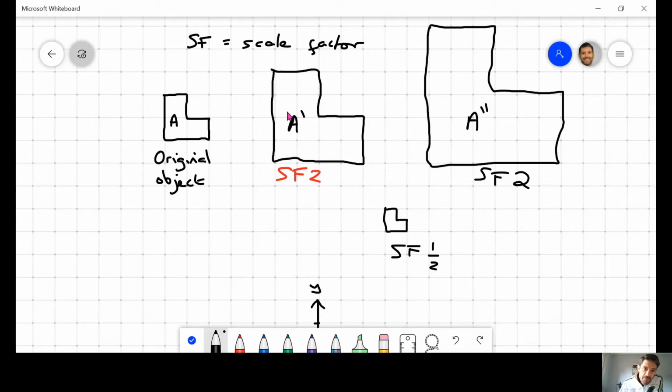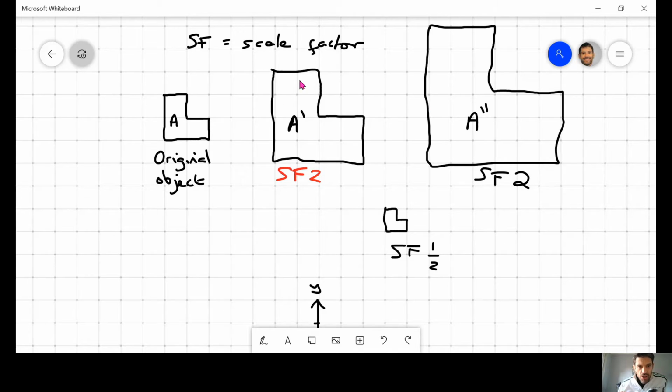Remember on these ones, every side is double, every side is triple the original object, every side is halved. Don't think about the area and stuff, just think about the sides. Each side length will be half of the original object, okay? And that's the basis of enlargements.